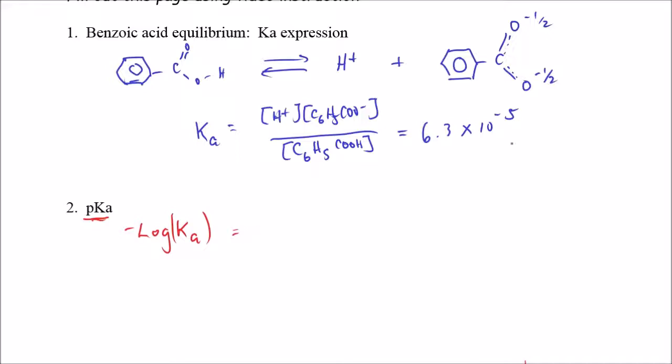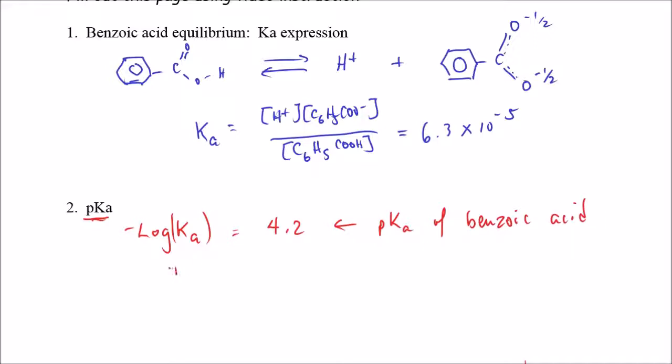And this you can calculate would be 4.2. If you just take the log of this value here, 6.3 times 10 to the minus 5, pKa is 4.2. So this is the pKa of benzoic acid. And this turns out to be a very useful number to know.